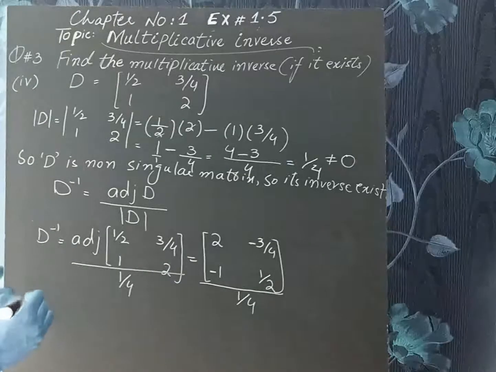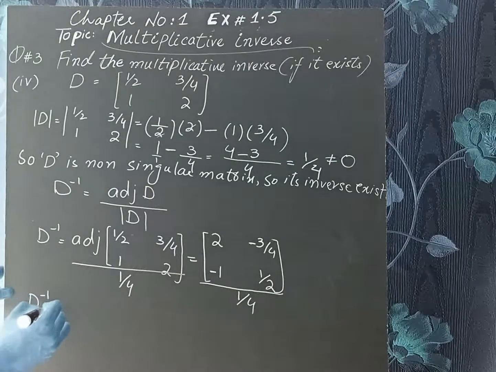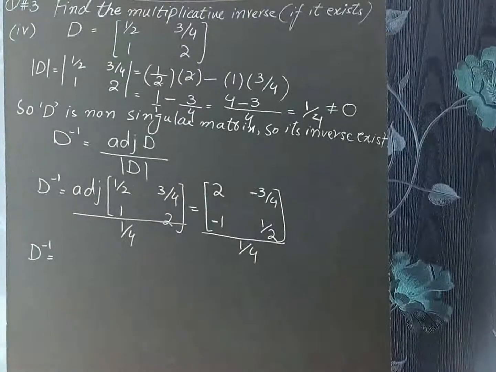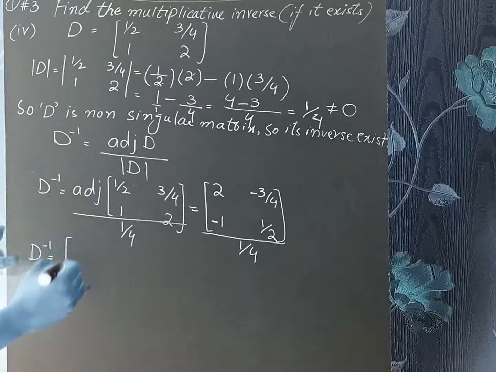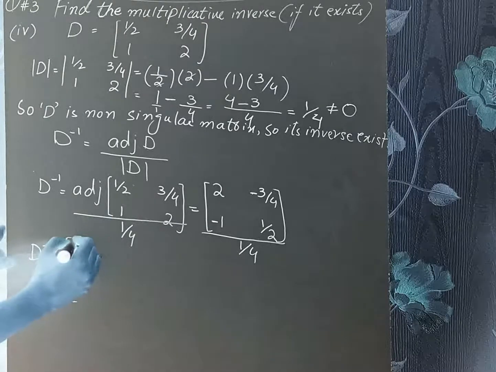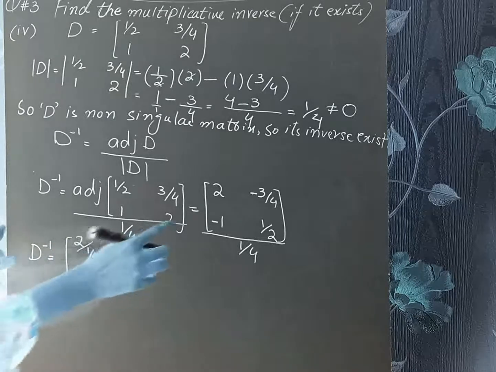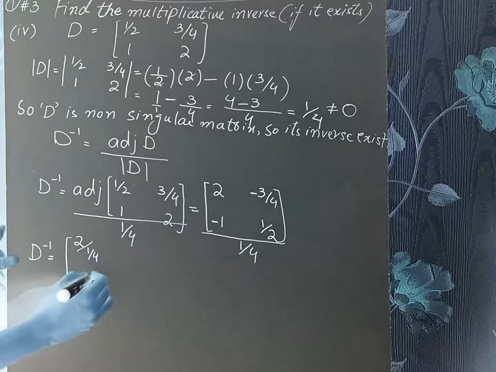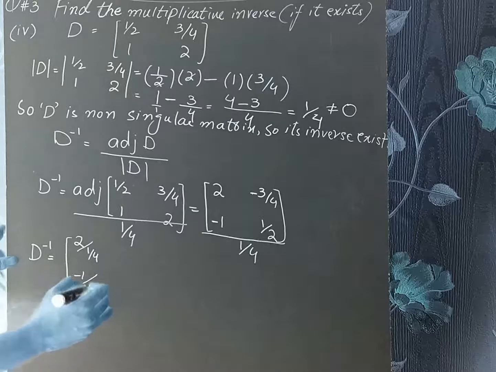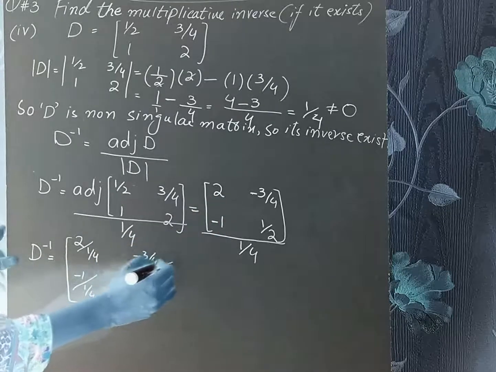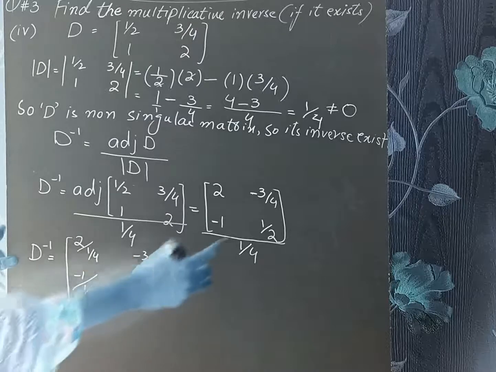So here I am going to do this. This is not difficult, only complex. 2 is divided by 1 over 4. Minus 1 is divided by 1 over 4. Minus 3 over 4 is divided by 1 over 4.